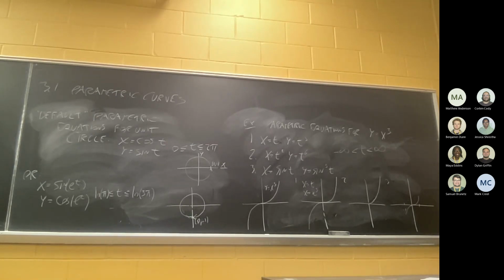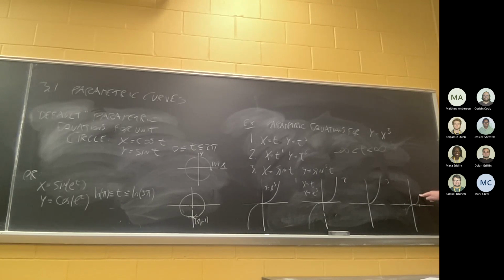But t still is allowed to go from -infinity to infinity. So if I let t go off to infinity and I'm only getting this portion, what does that mean in terms of how this is traced out? If I start at t equals 0, let's say, so I'm right here, then I get to t equals pi over 2. So x is 1, y is 1. So I have to trace out this portion.